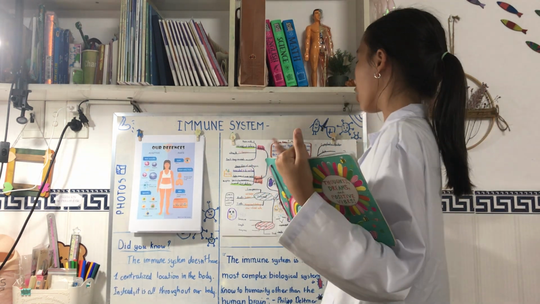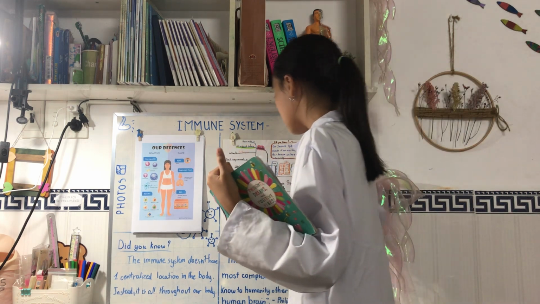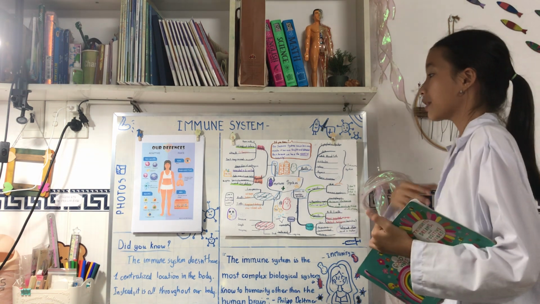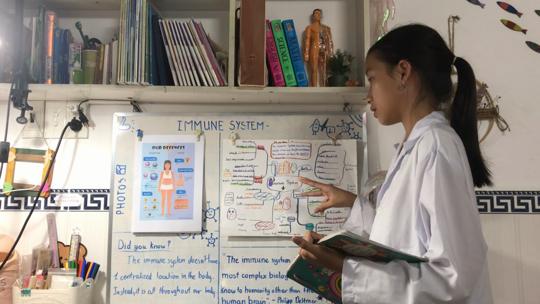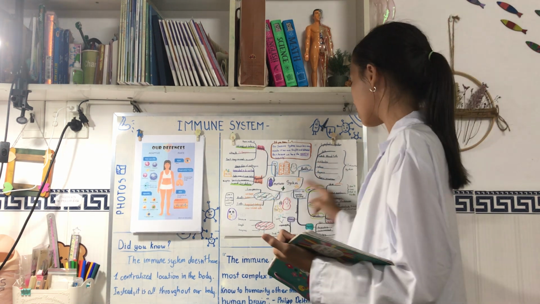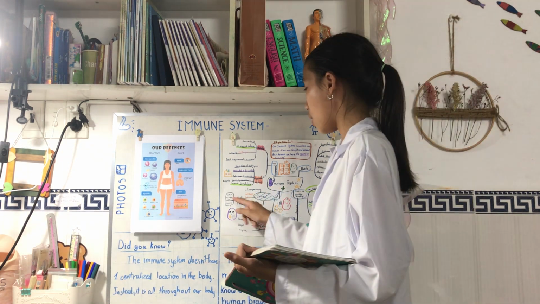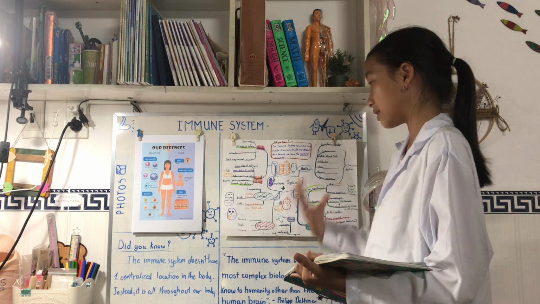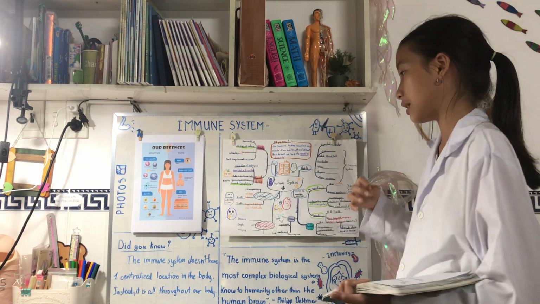For the last part, we have the responses, which include the internal responses and the physical responses. For the internal responses, we have three responses, which are all of the lines of defense that we have. And then we also have the B cells and the T cells. The B cells produce antibodies. The T cells recognize and destroy virus-infected cells.